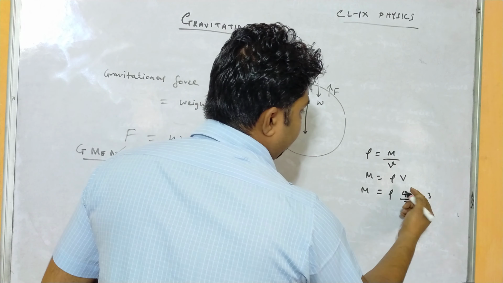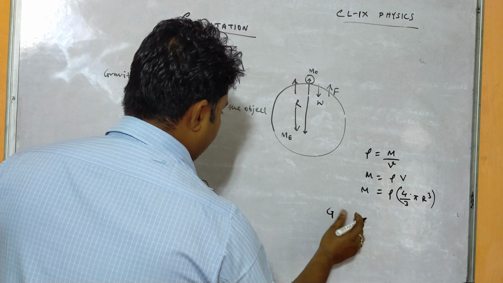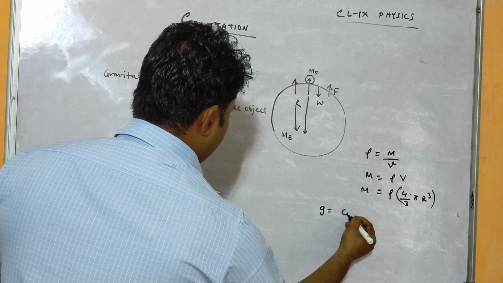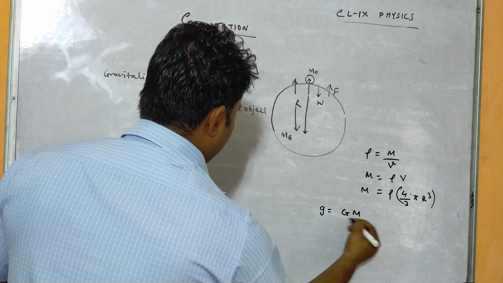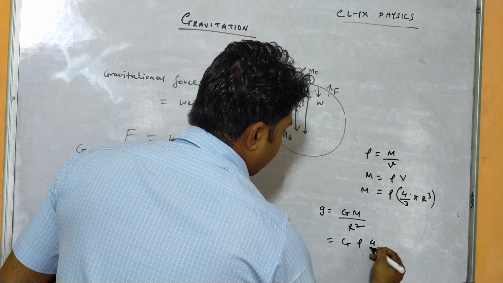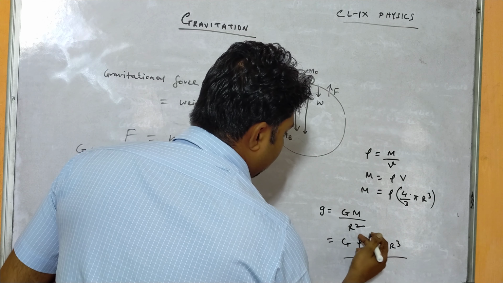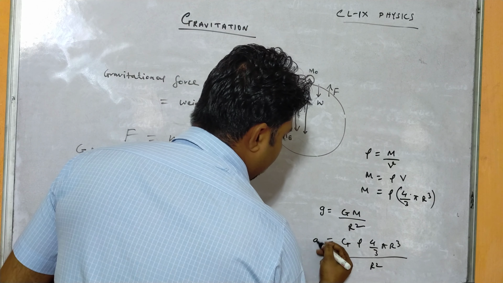So in place of capital M we will be substituting rho into 4 by 3 pi r cube, divided by r square.